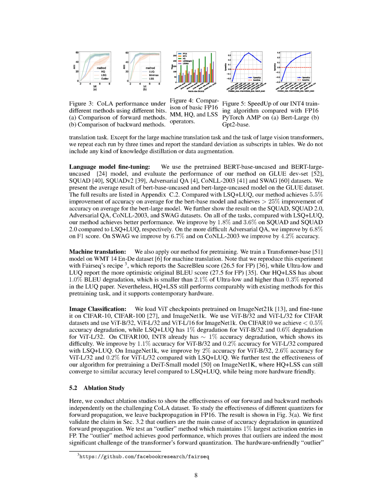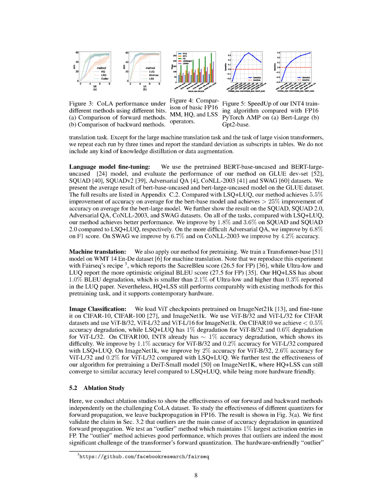We've also conducted similar tests on other datasets including SQuAD, SQuAD 2.0, Adversarial QA, CoNLL 2003, and SWAG. The trend continued with our method consistently exceeding the performance of LSQ plus LUQ on every task. We observed improvements of 1.8% and 3.6% in accuracy on SQuAD and SQuAD 2.0, respectively.